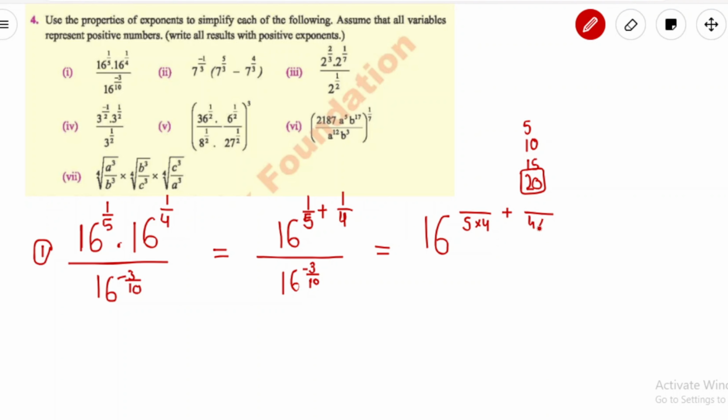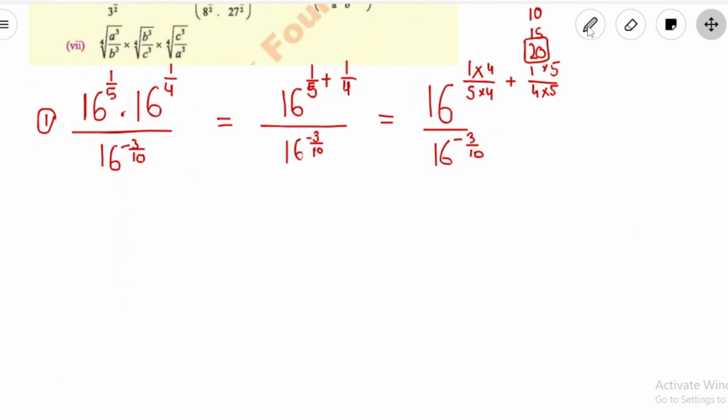And if we multiply something in the denominator of a fraction, we are supposed to do the same thing in the numerator as well. So here we multiplied by 4, so we multiply the numerator by 4 as well, and here as well. The denominator will remain as it is, 16 raised to the power minus 3 over 10. We get the exponent 16 raised to the power 4 over 20 plus 5 over 20.